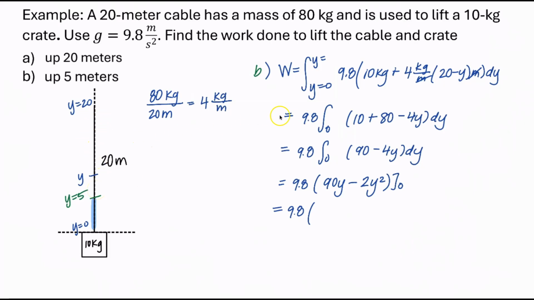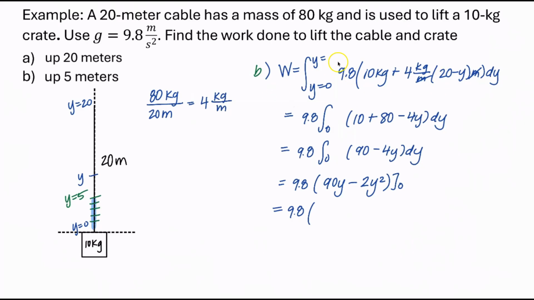So the formula for the force is still going to remain the same. So I am just thinking about the work done moving the values that are between 0 and 5. But when I move up 5 meters, I'm moving the entire rope up 5 meters as well. So that's why it's going to be the same formula, and just the limits of integration are going to change.